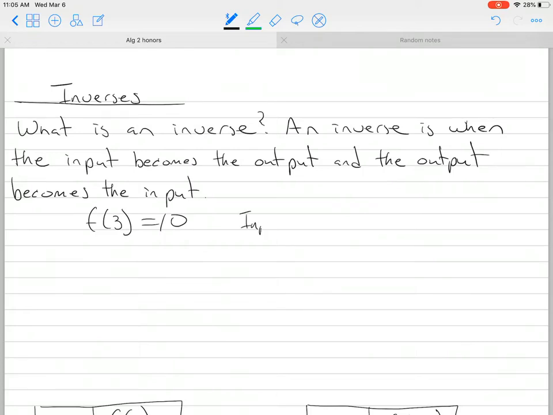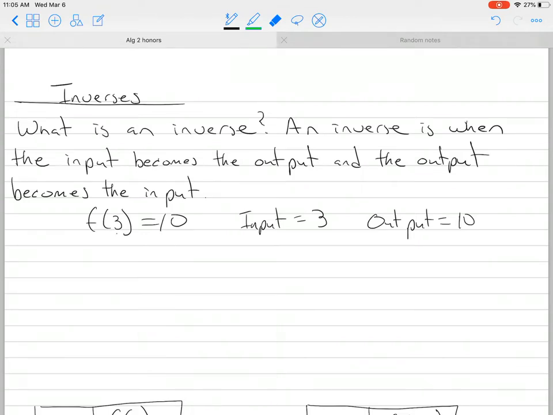In this situation, tell me what the input is, and tell me what the output is. Hopefully, you recognized that this is where x would have been, so my input is 3, and this would be my output. When x is 3, y is 10, okay?